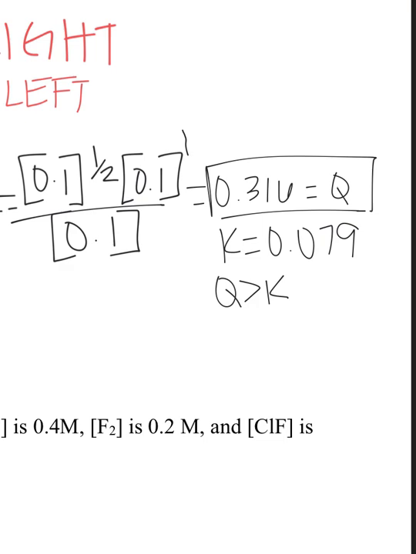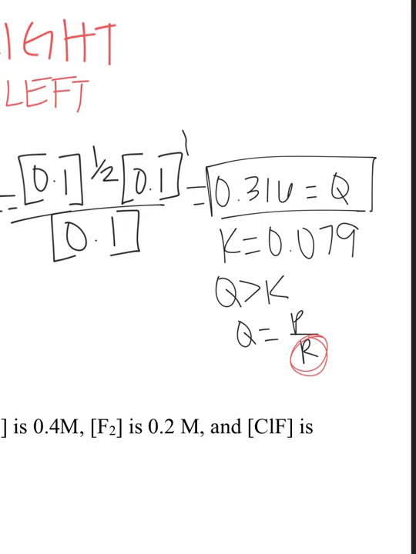So you can think about it a couple ways. So again, keep in mind Q wants to be like K. So I know that Q is products over reactants. So for Q to be smaller, I've got to add more reactant, because my reactants are on the bottom. Q is going to want to go down because right now it's bigger than K. So it wants to be like K. I'm going to try and go down, so I would add more reactants.